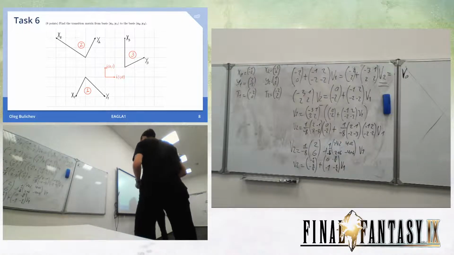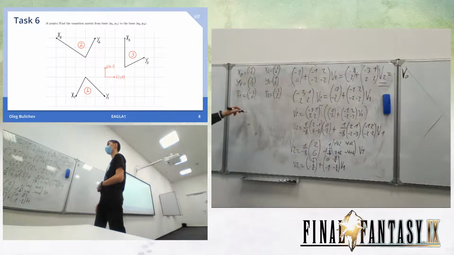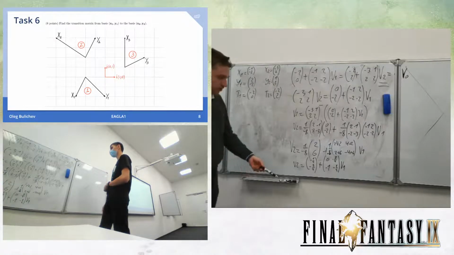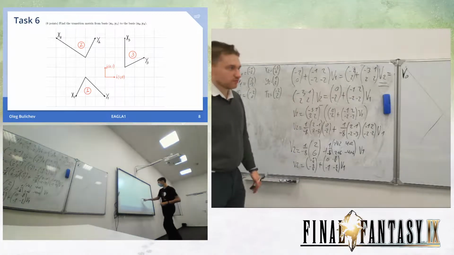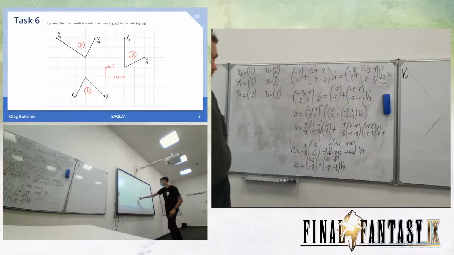It's as I wrote on our previous classes, when we have homogeneous matrices and we just wrote like this. So you told me that you checked it. How did you check it? I take this point. In base 1 it is minus 1 and 1.